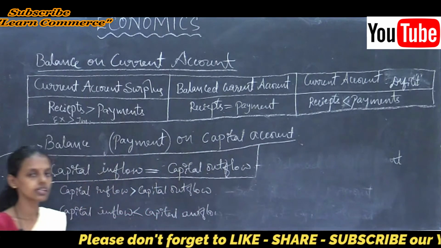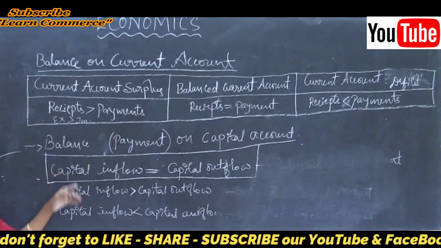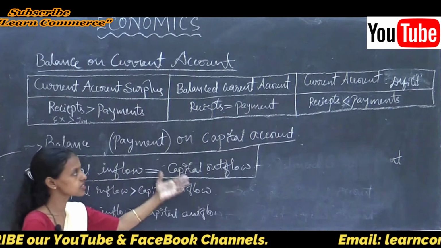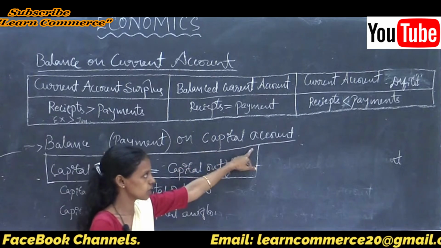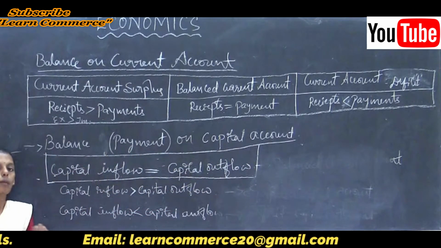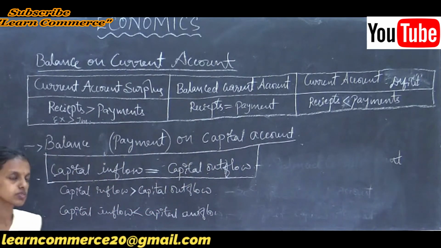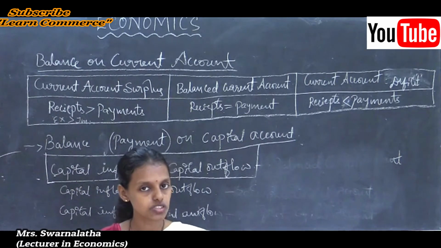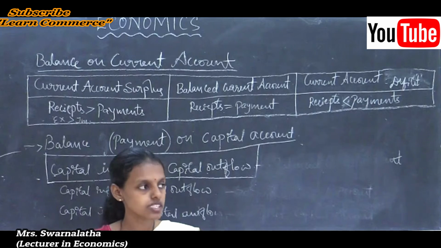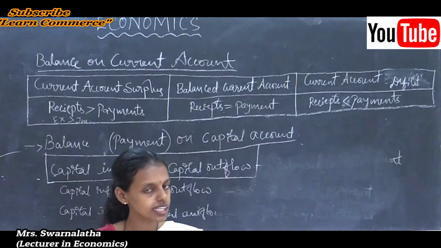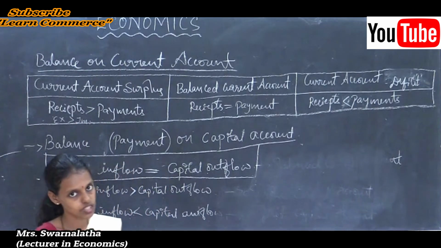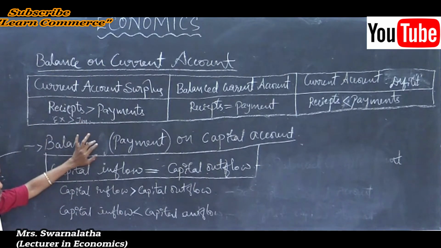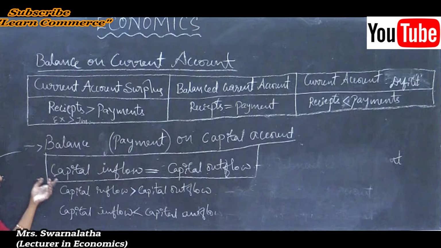Just like balance of trade: when the export is equal to the import, it is balanced; when the export is greater than import, it is a surplus in balance of trade; when the import is greater than export, it is a deficit in balance of trade. Same like that, current account and capital account maintain their balance.